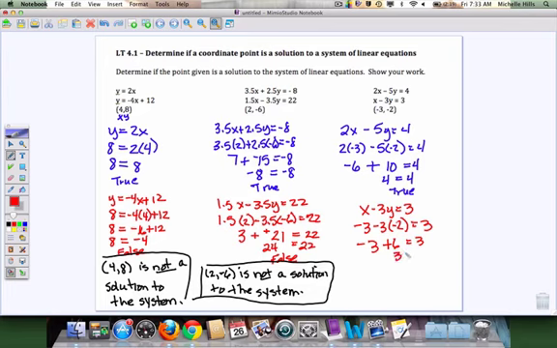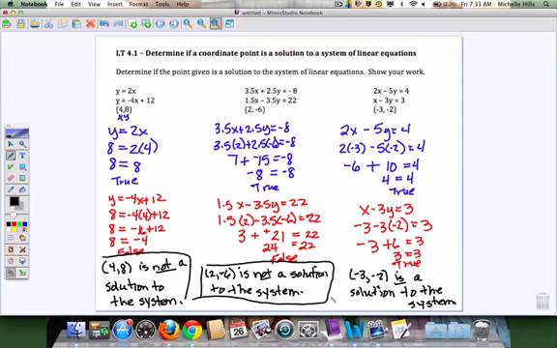So I get a true statement this time for the first time on the second equation, which means my answer, again, it's asking me whether the ordered pair is or is not a solution to the system. So the ordered pair negative 3, negative 2 is a solution, not just to one of the equations, so you need to write the rest of this, to the system.